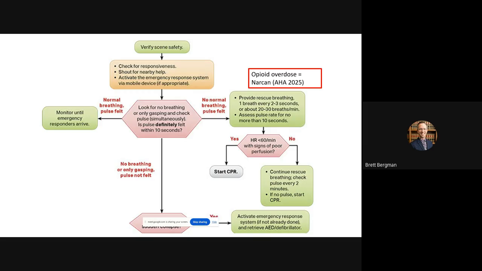And again, AHA is really putting an emphasis on looking at Narcan as being one of those other things that we want to be thinking about anytime that we find a patient that is in cardiac arrest.